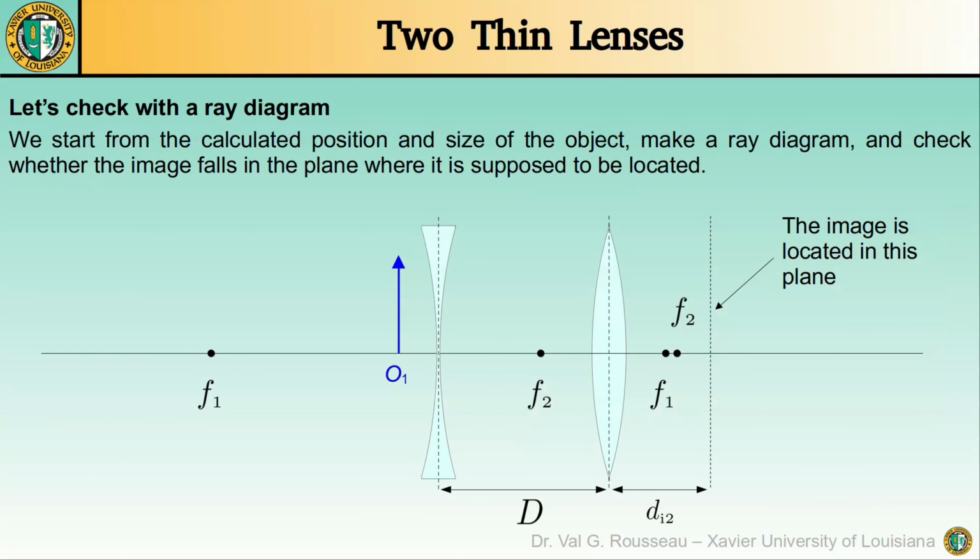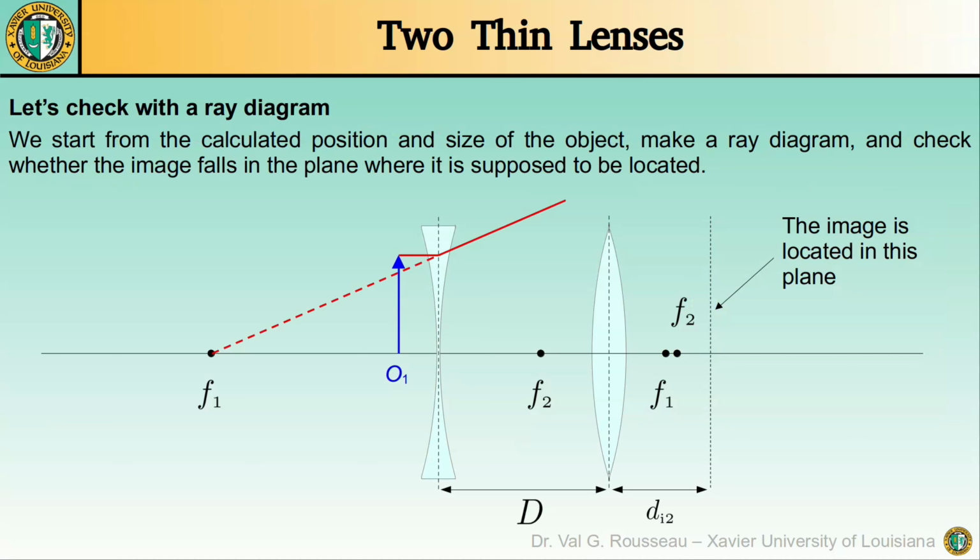Finally, let's check our result by constructing a ray diagram. According to our calculations, the object should be located here in blue. If we construct the image, it should fall exactly in the indicated plane. So, we start by constructing the image of the object through the first lens by ignoring the second one.